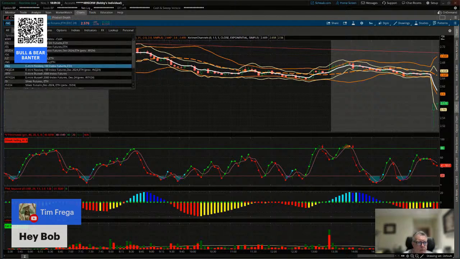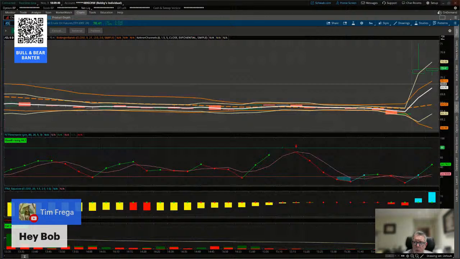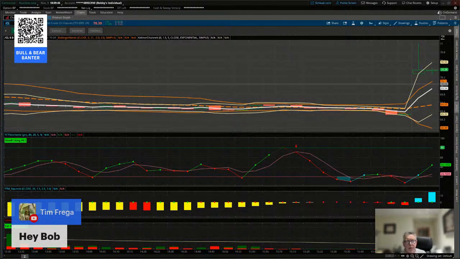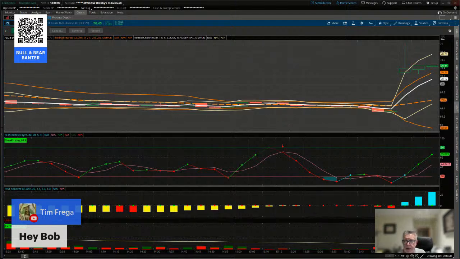As for oil, it is up 1.31%. OPEC threatening to not increase production as they had committed to. And that is reflected, of course, now in the price of oil. Now, keep in mind also that we have the election coming up in a couple of days that can have a real serious impact on the price of oil.